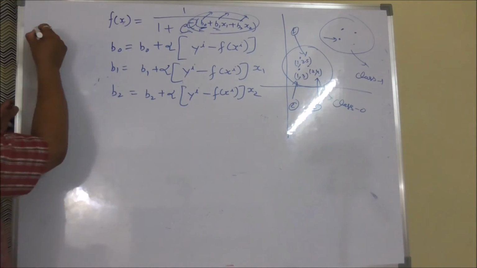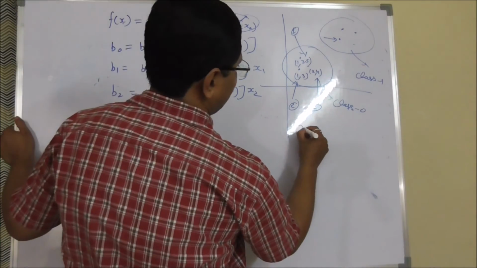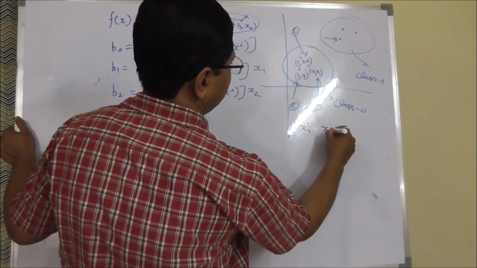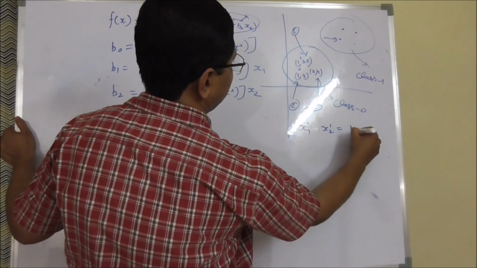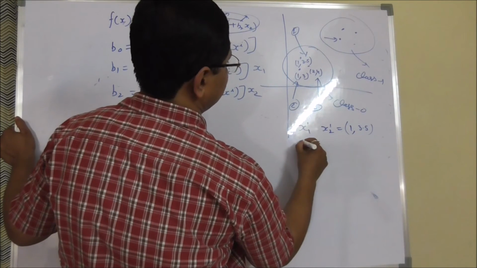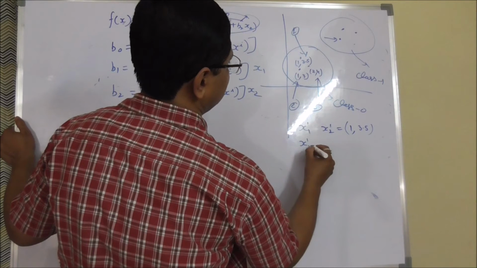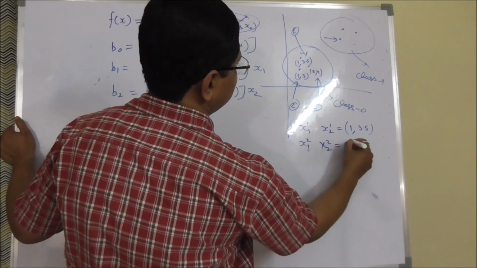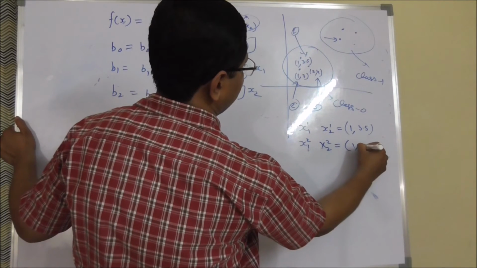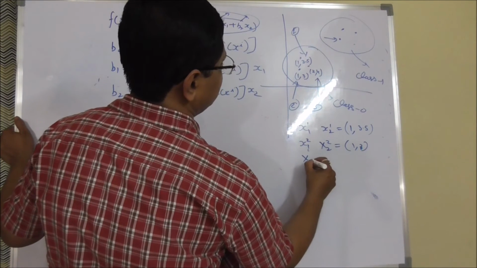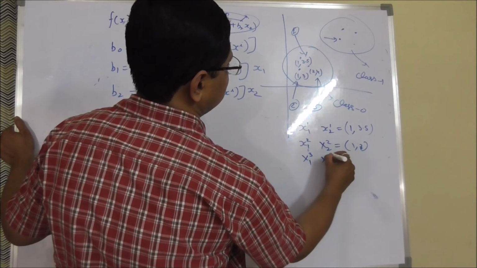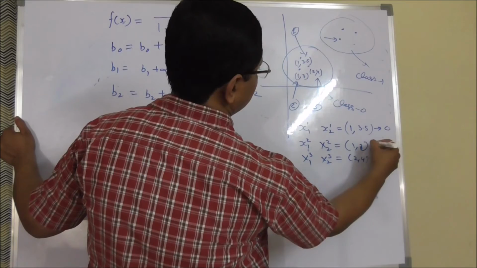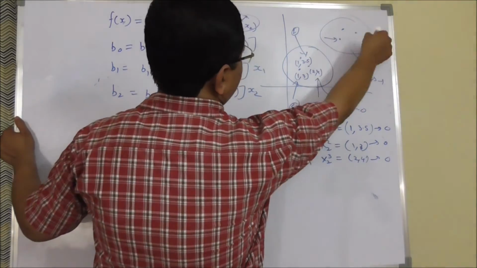Here our first point, x1 and x2, is 1 and 3.5. Similarly our second point is 1 and 3, and our next point is 2 and 4, all belonging to class 0, and this point belongs to class 1.